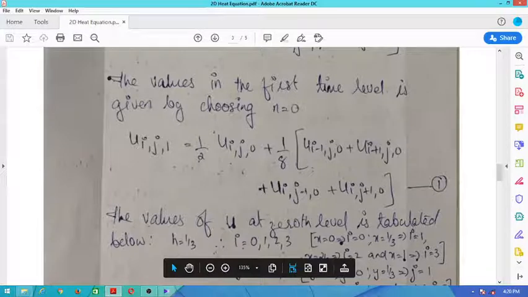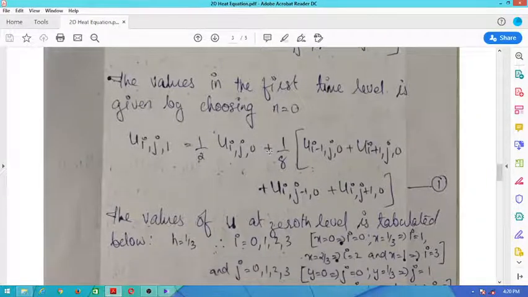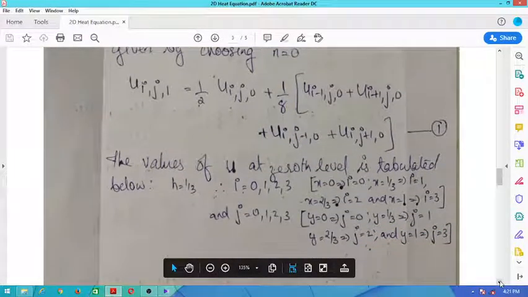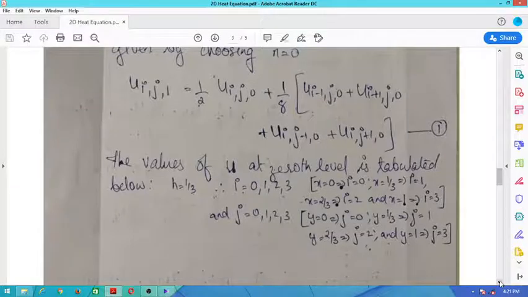We get u_ij,1 = 1/2 u_ij,0 + 1/8 (u_i−1,j,0 + u_i+1,j,0 + u_i,j−1,0 + u_i,j+1,0). The values of u at the 0th level are tabulated below, using which we can evaluate the values at the first level.